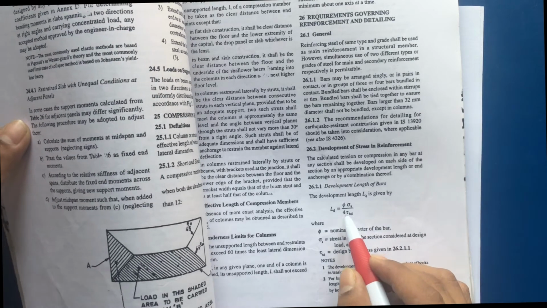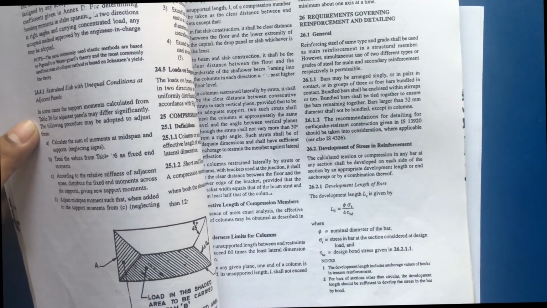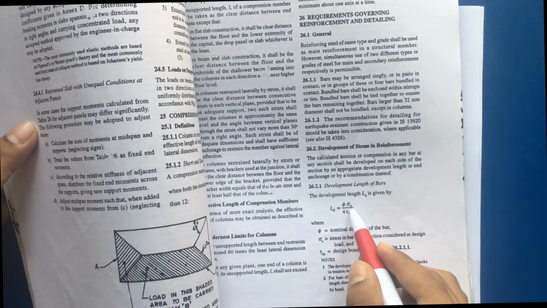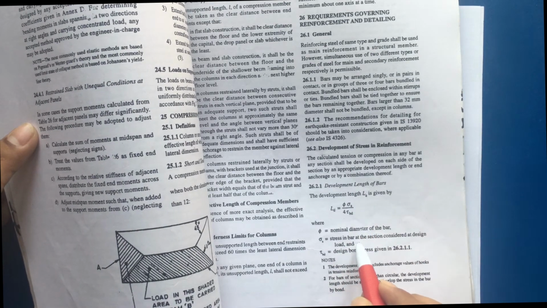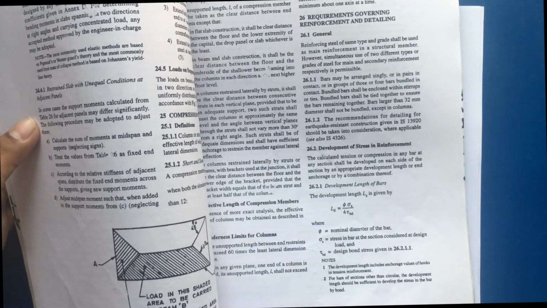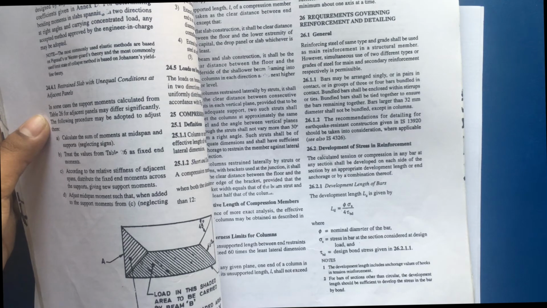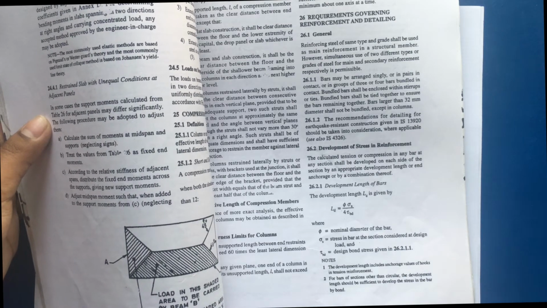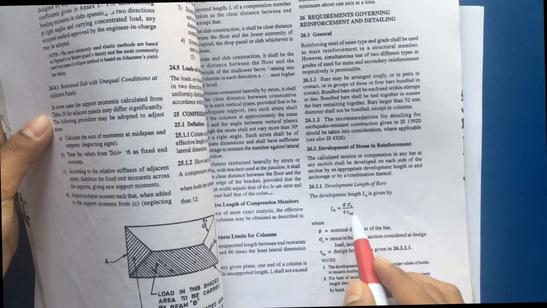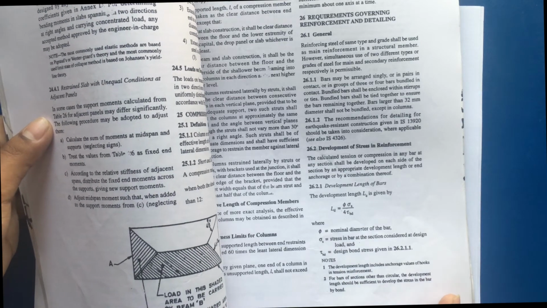So phi is the diameter of the bar from the column, not from the footing. So it is the maximum size of the bar coming from the column. Sigma s is the stress in the bar at the section considered at design load, and tau BD is the design bond stress. So for phi, for now I'm taking 16, as the question has not given the size of the bar, so I'm assuming the maximum size of the bar from the column to be 16. Sigma s is the stress in the bar, so I'll take this as 0.87 into Fy.